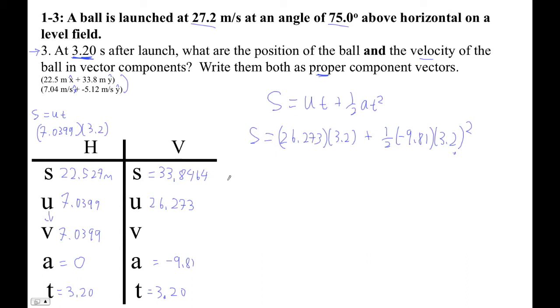Okay, so now let's find the final velocity down here. I guess I'll just use V equals U plus AT. So the final velocity is 26.273 plus negative 9.81 times 3.2.